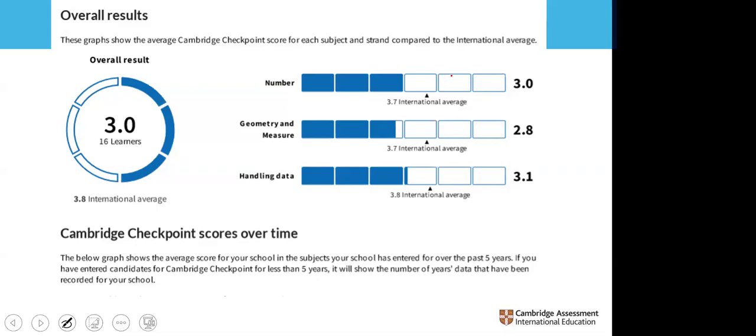In case you are teaching mathematics, then it's not just a matter of you saying 90 and that is an A star. That's not enough. You must go and tell us what the child can do in this particular subject, which areas need improvement within that particular area. So that is the reason for those boxes and other things, to help you interpret the level at which the learner is in that particular subject.